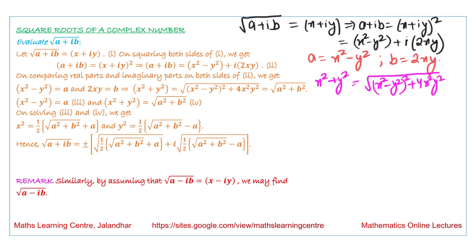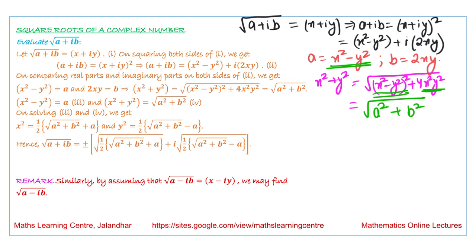We are basically writing (x² + y²)². So the answer for x² + y², where x² − y² is a and 2xy is b, is the square root of a² + b².